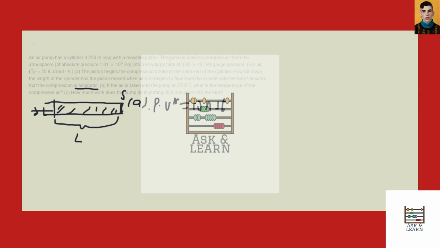And the V here is simply equal to L times S. So we have P initial times S times L initial to the power gamma equal to P final times S times L final to the power gamma.